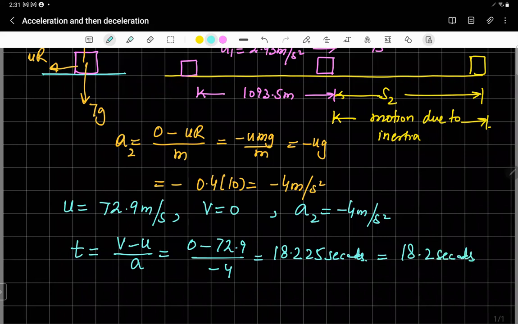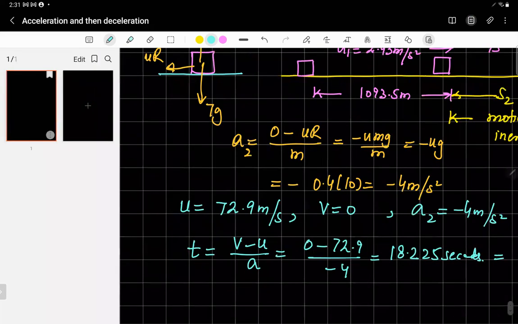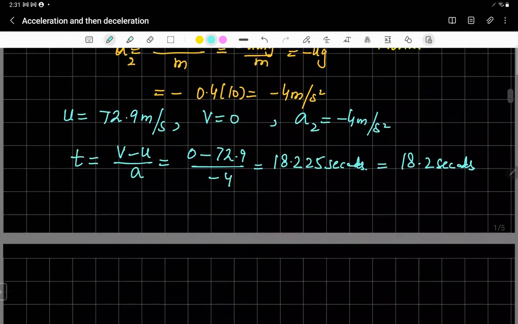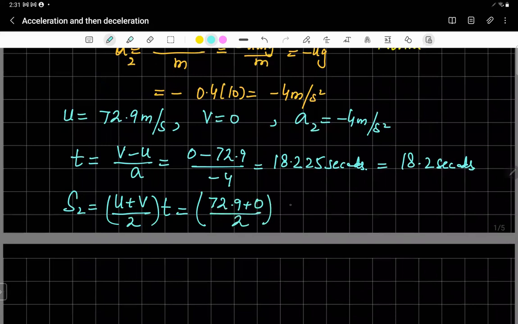Now we can calculate the distance S2. Please calculate this value.